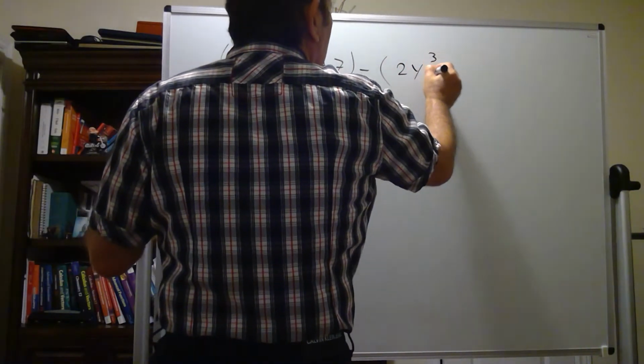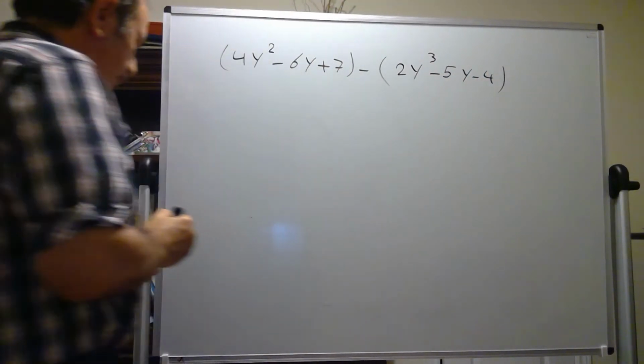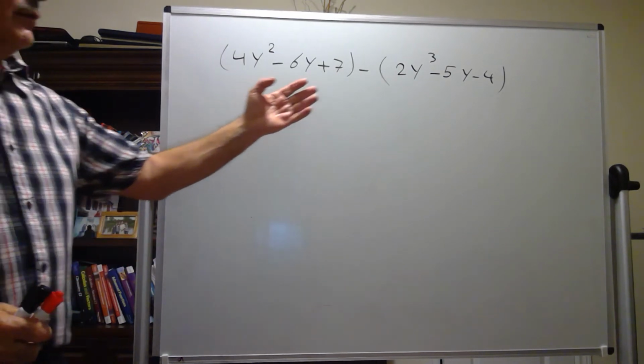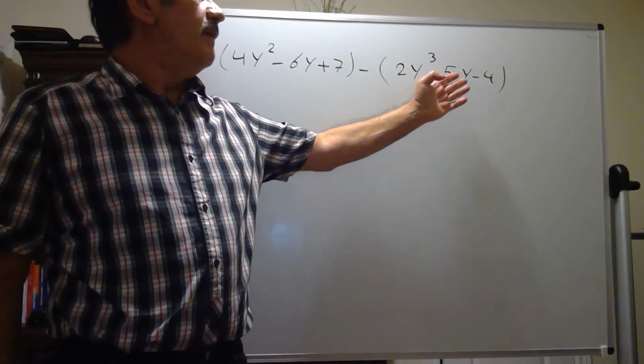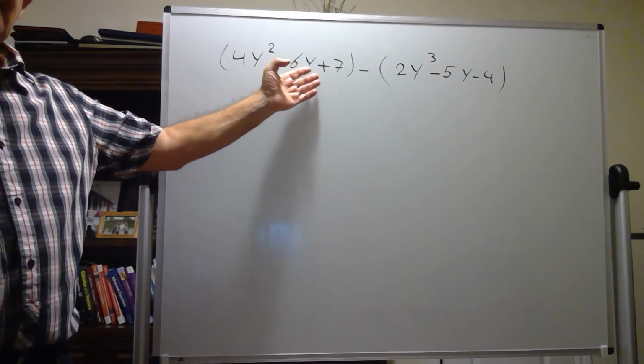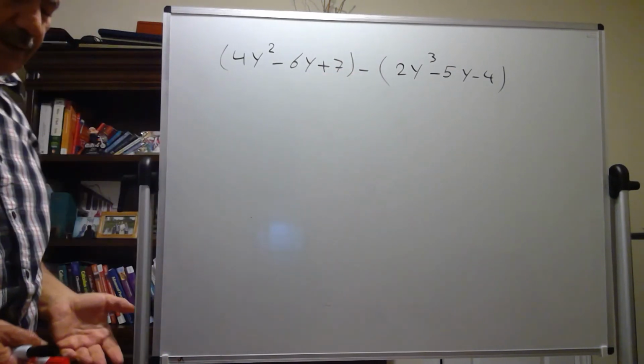I am subtracting 2y cubed minus 5y minus 4 from 4y squared minus 6y plus 7, or simply we are doing the subtraction of these two polynomials.